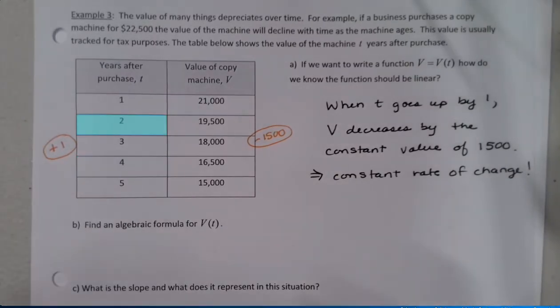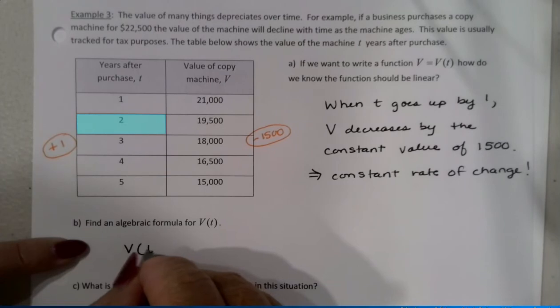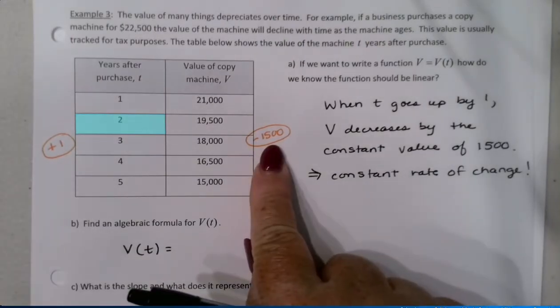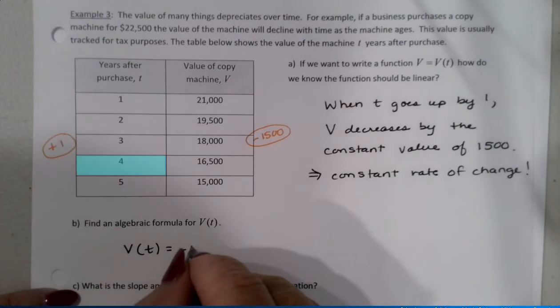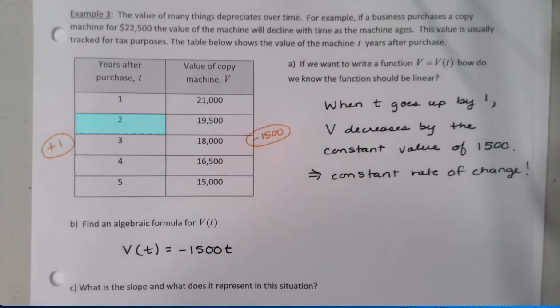All right, if I'd like to find an algebraic formula, an analytic formula for v of t, I already have the first thing that I need. I already know the slope, the m, right, is negative 1,500. Now I don't have 0 in my table, but actually they told it to me and it would be easy to figure out in any case.